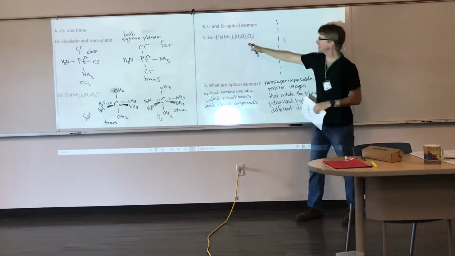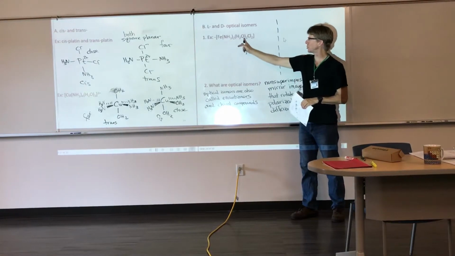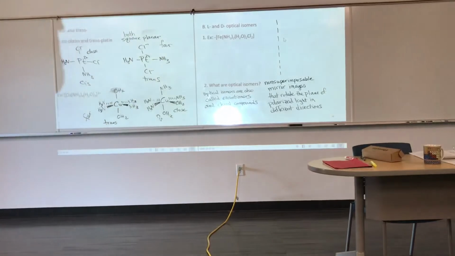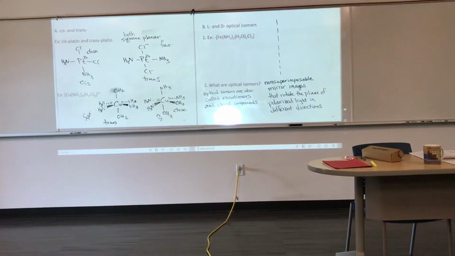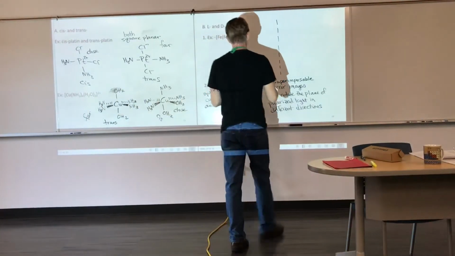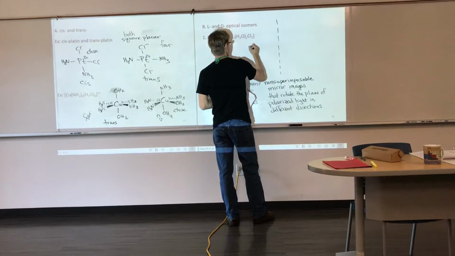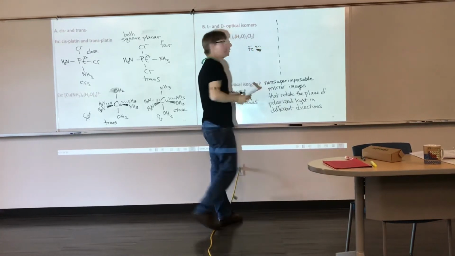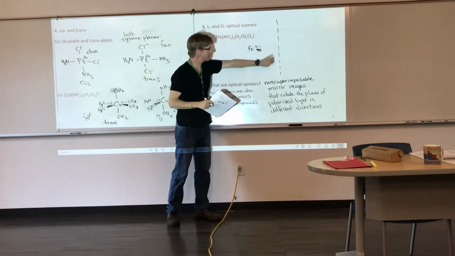The example I've got here has 2 ammonia, 2 water, and 2 chloride ligands. I'm going to move my little cursor over there. And what I'm going to draw is, and this is my mirror.